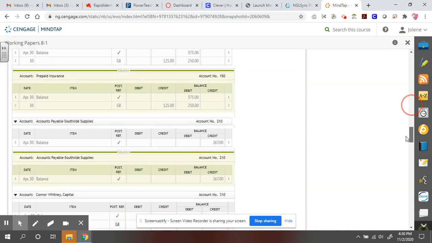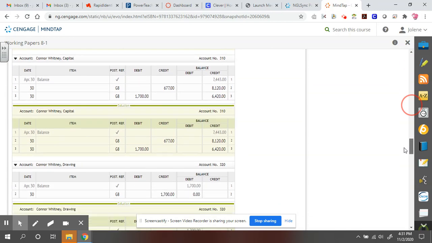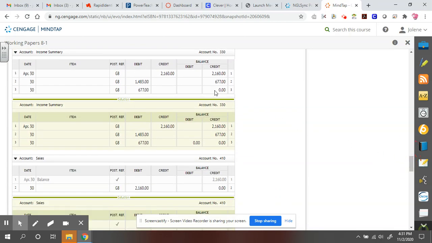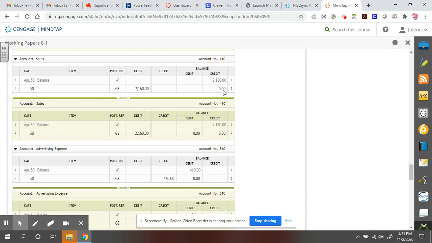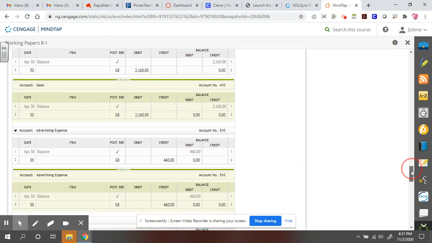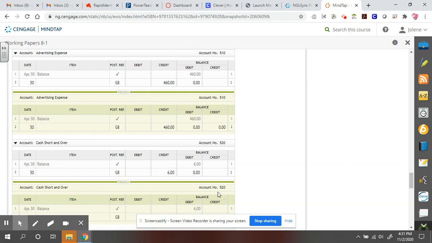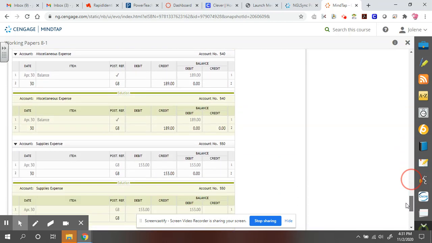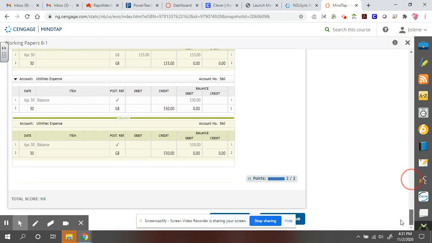However, your drawing account is at 0. Your income summary is at 0. Your sales, and then all of your expenses, all the way through here, all of your expenses are all 0 balances. And you have closed everything out. And we will save and continue.